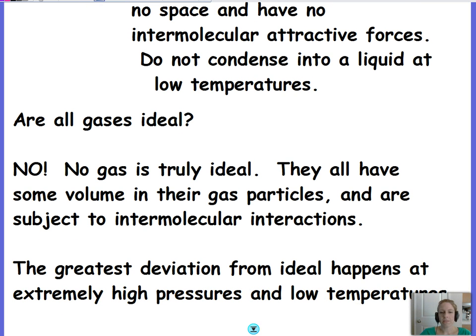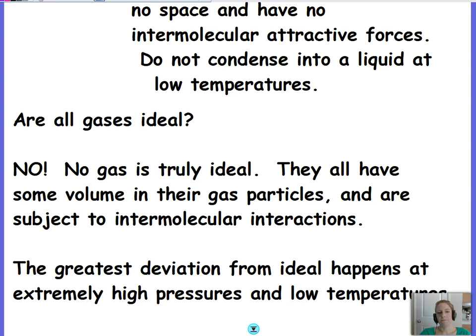The greatest deviation from ideal gas nature happens at extremely high pressures and low temperatures. At high pressure, you're forcing the gas molecules closer together, which makes it easier for those intermolecular interactions to happen, and they actually can be strong enough to make the gas turn into a liquid.